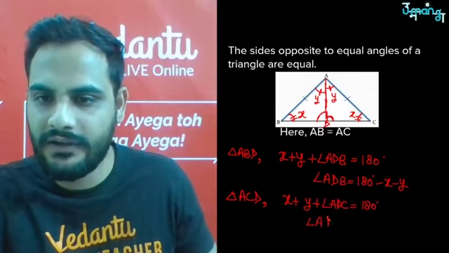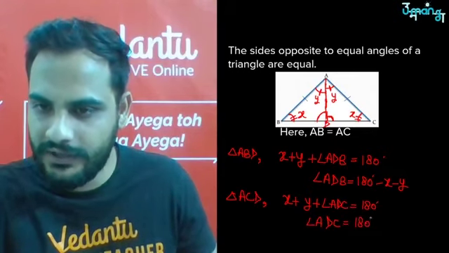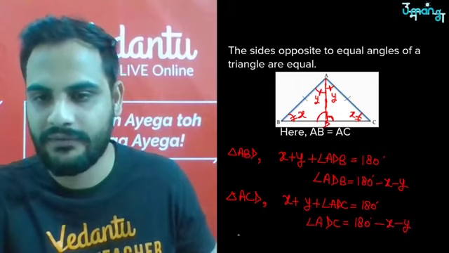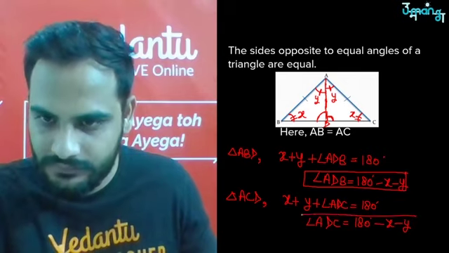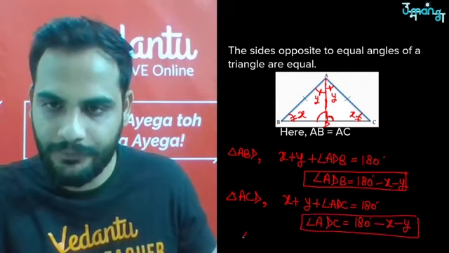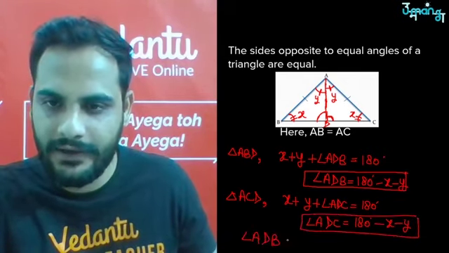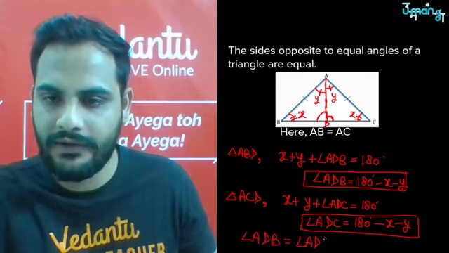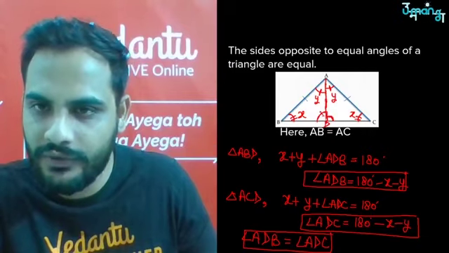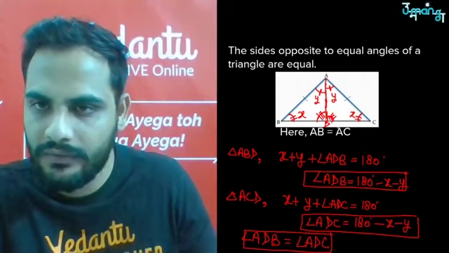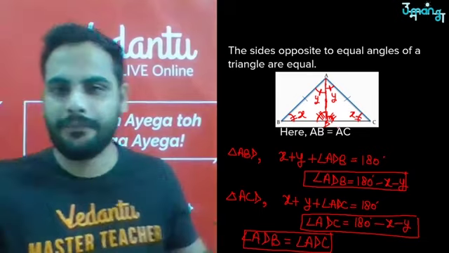Angle ADC again is equal to 180 minus X minus Y. So compare both the equations. See, both the angles are equal. So angle ADB is equal to angle ADC. These two angles are also equal.